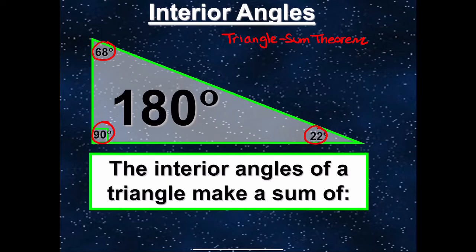So those three angles right there, if you don't believe me, add them up, 68 plus 90 plus 22, that does equal 180 degrees. So that should always be the way it is of any triangle.